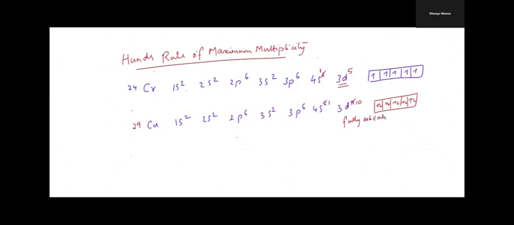Of course, they don't behave as a noble gas, but they are stable because they have fully filled orbitals. Chromium is also considered stable because of the half-filled orbitals. So these are some special cases which I discussed.